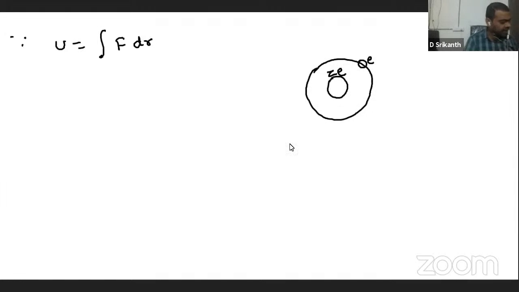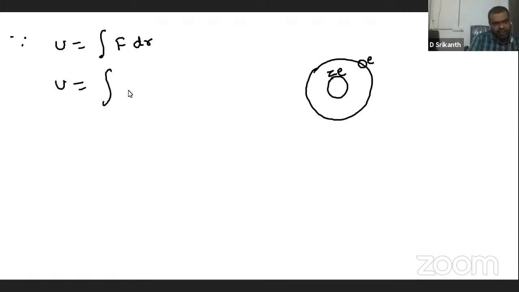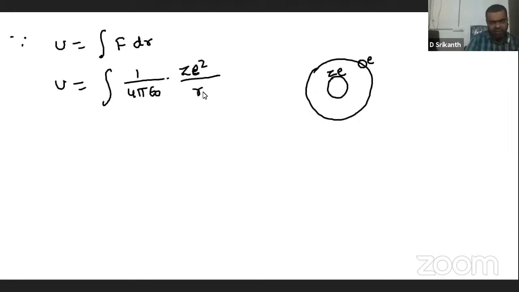So here the force is the Coulombic force, that is 1 by 4 pi epsilon naught Ze square by r square, or preferably we can write Rn, the radius of the electron in the nth orbit, r square into dr.